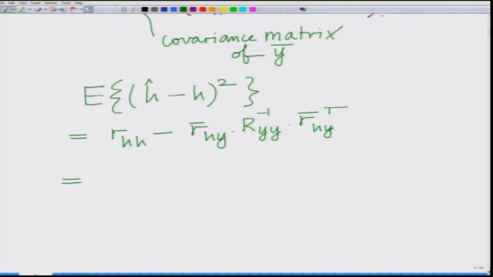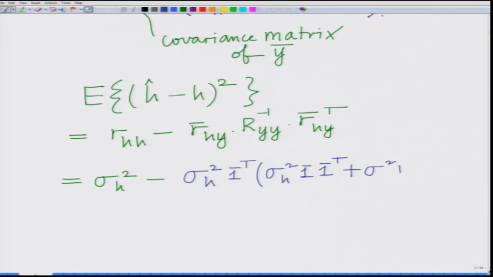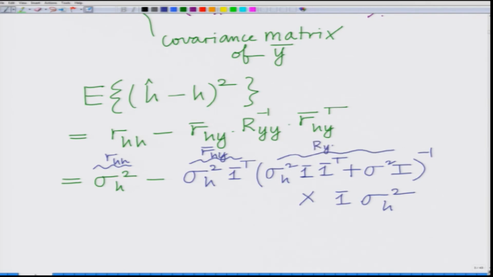So I can write this as sigma_h square minus R bar_hy, which is basically sigma_h square 1 bar transpose times (sigma_h square 1 bar 1 bar transpose plus sigma square identity) inverse times 1 bar into sigma_h square. Here this is your R_hh, that is your sigma_h square, this is your R bar_hy, this is your R_yy inverse, and this quantity is your R bar_yh.